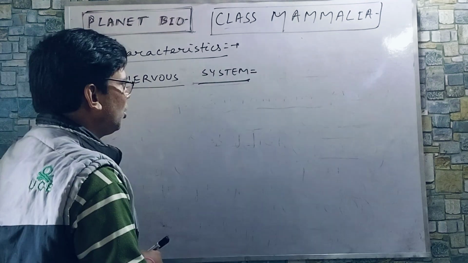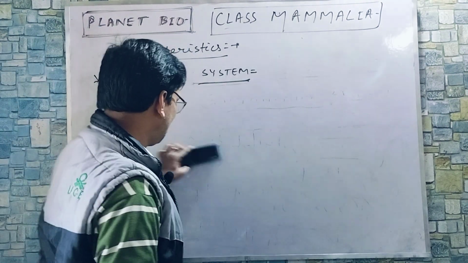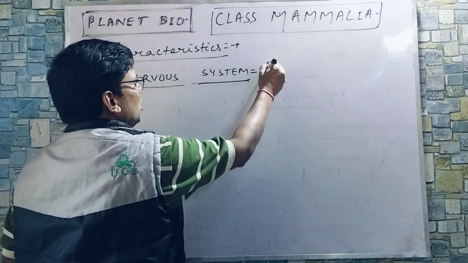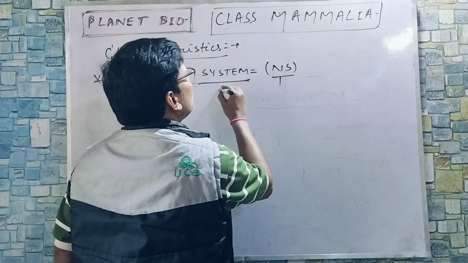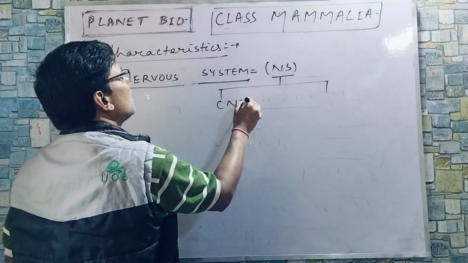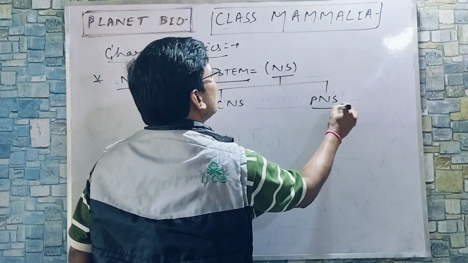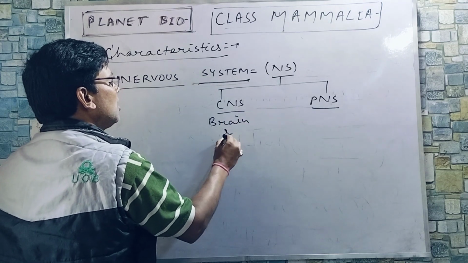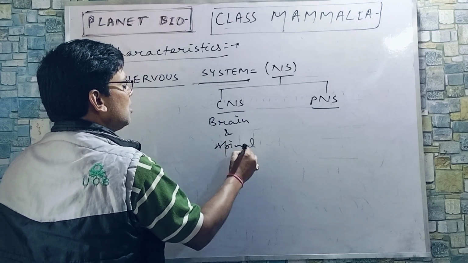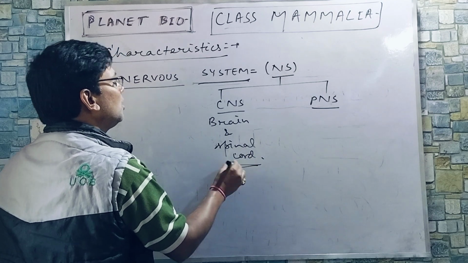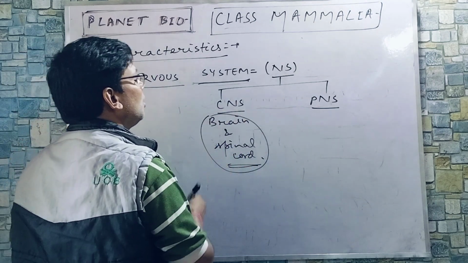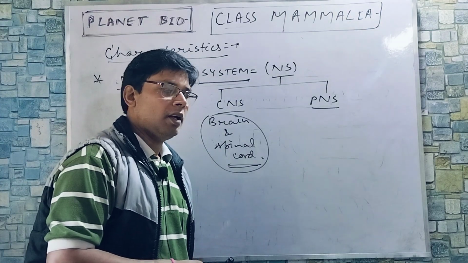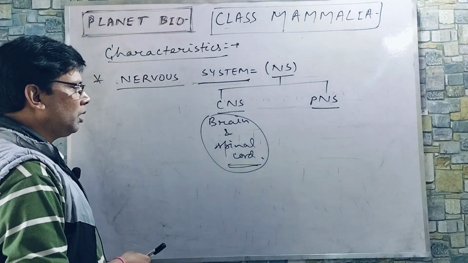the nervous system or neural system. Now you can see it is further divisible into two parts: CNS, central nervous system, and peripheral nervous system. In CNS you will find brain and spinal cord. These develop from the nerve cord, actually, dorsal and tubular.